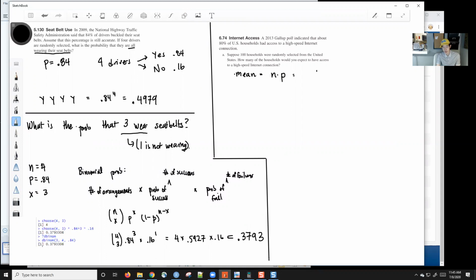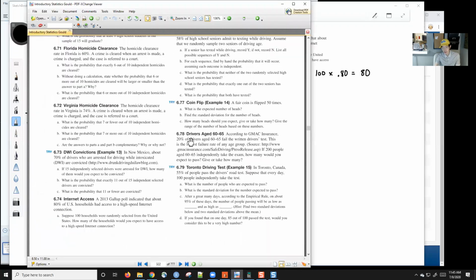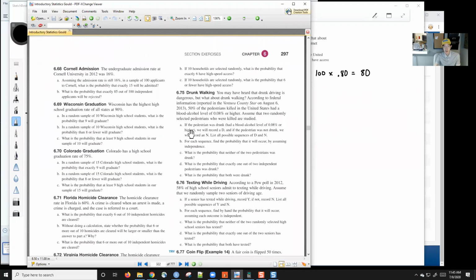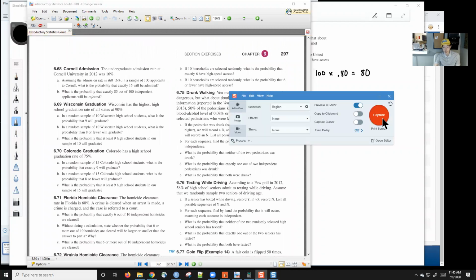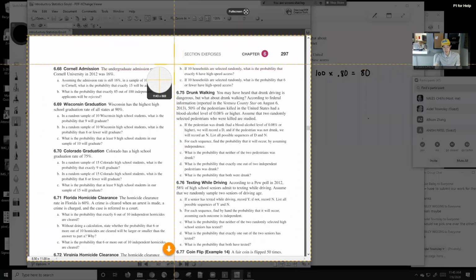So in our case, if we have 100 households, and we expect 80% of them to have internet, we would expect something around 80 to have high-speed internet.